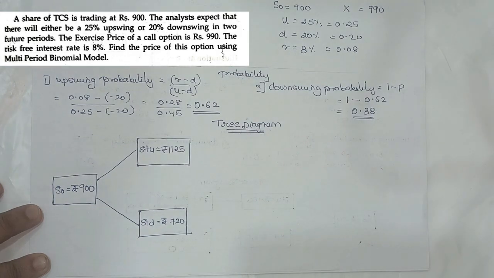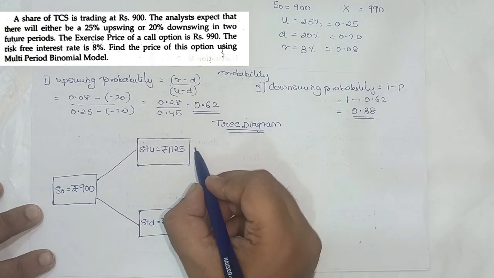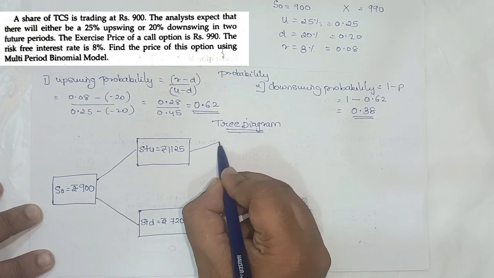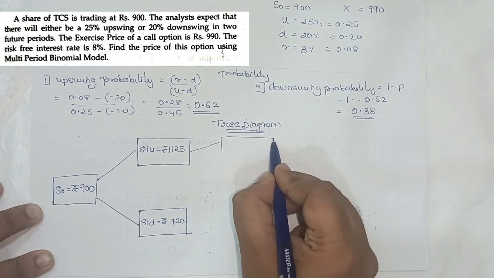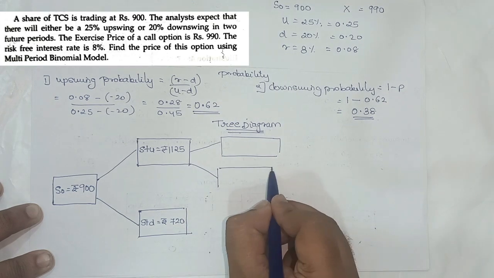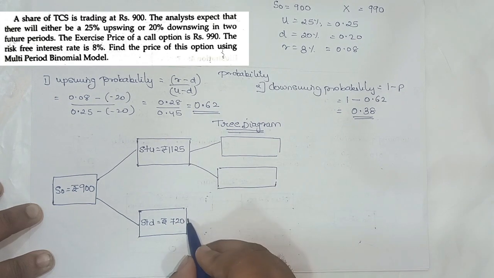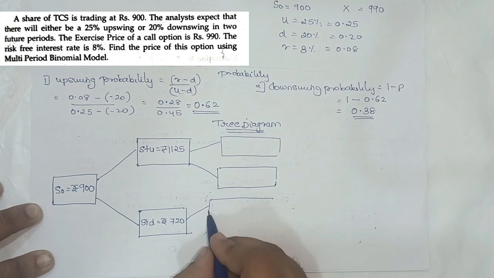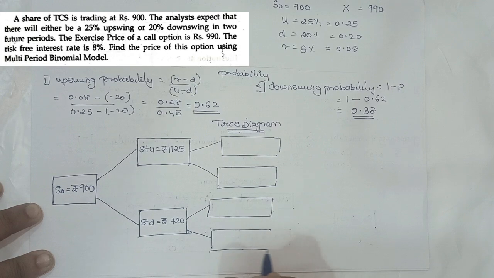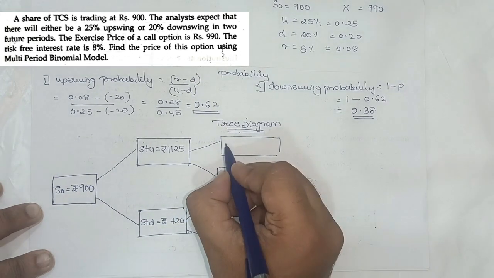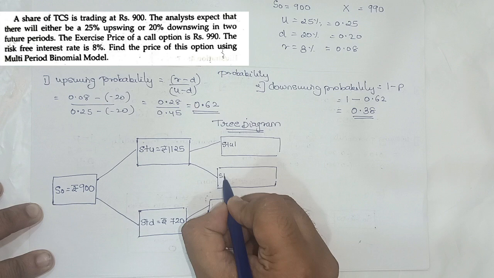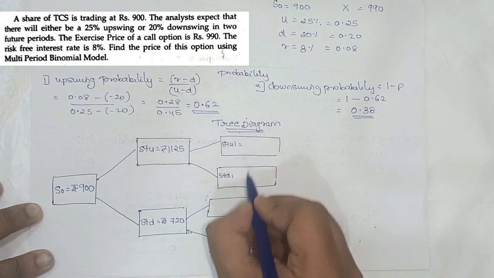Now that was for the first period. From the first period, there were two options available. That will be the second period. So for the second period, again there were two options, and the same happens for 720. All these things have already been found, so we don't have to find anything right now. We had STU1 and STD1.